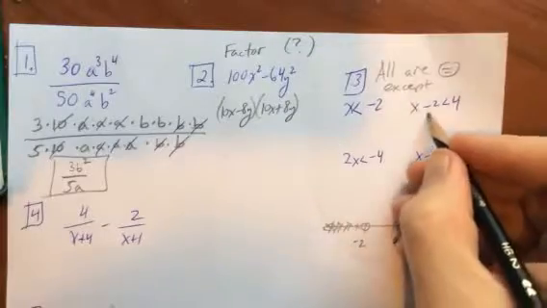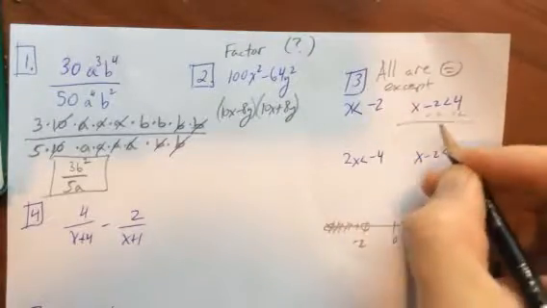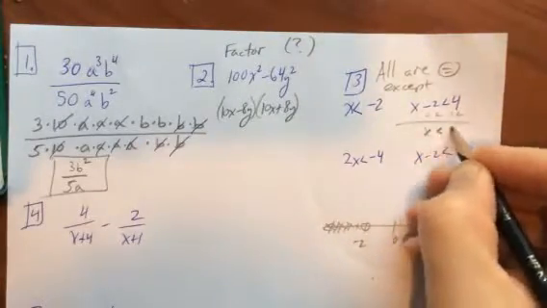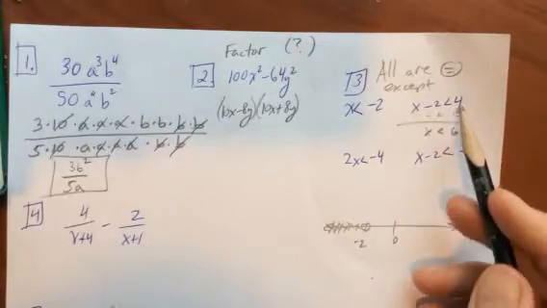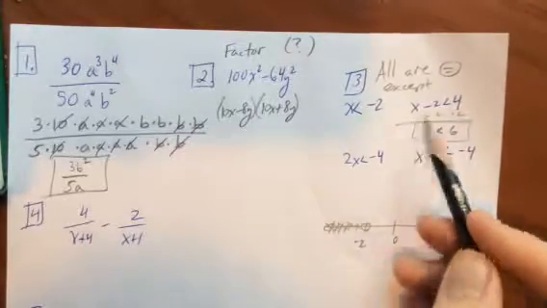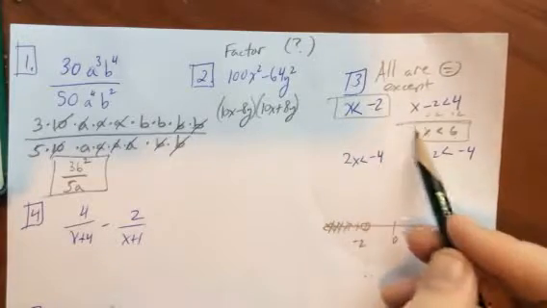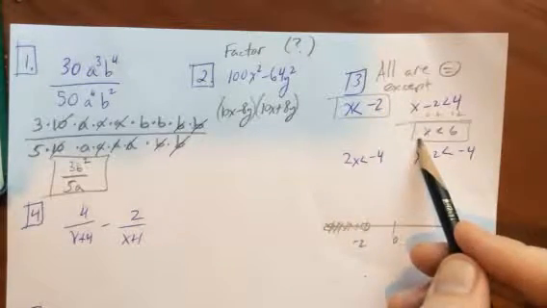This problem, if I add 2 to both sides, I get x is less than 6. So this does not match this. So one of these is going to be our answer.